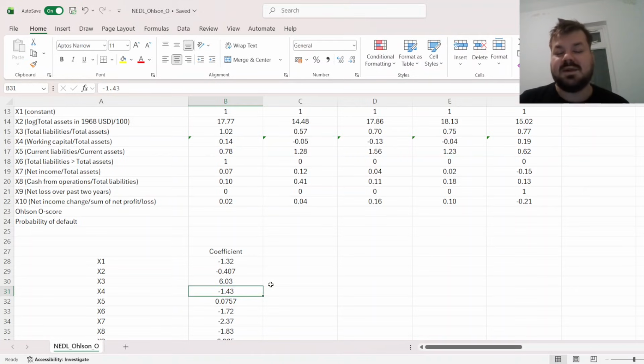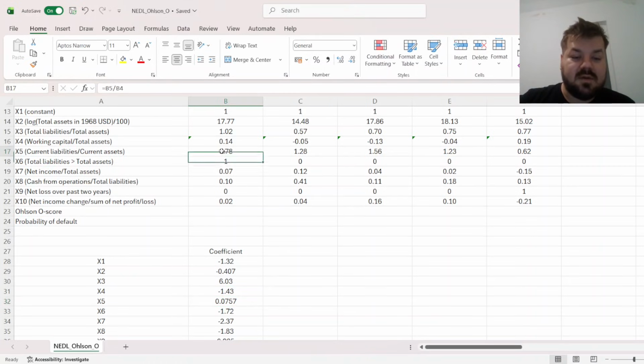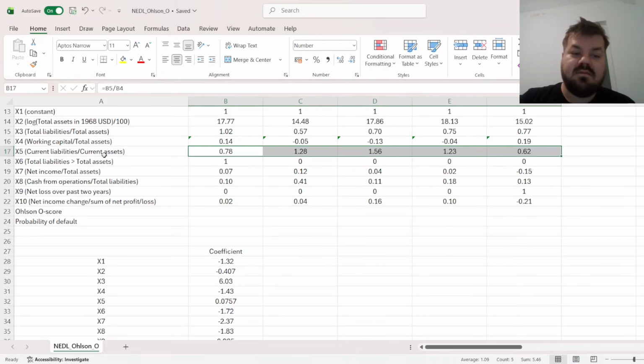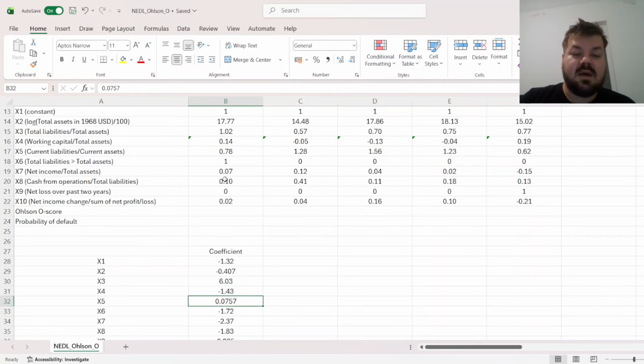We have more liquid companies that have more working capital are less likely to default. That's quite straightforward. Then X5, current liabilities over current assets. Again, the greater the ratio between liabilities and assets in terms of the short term, the more likely the company is to default. Again, that's quite understandable.